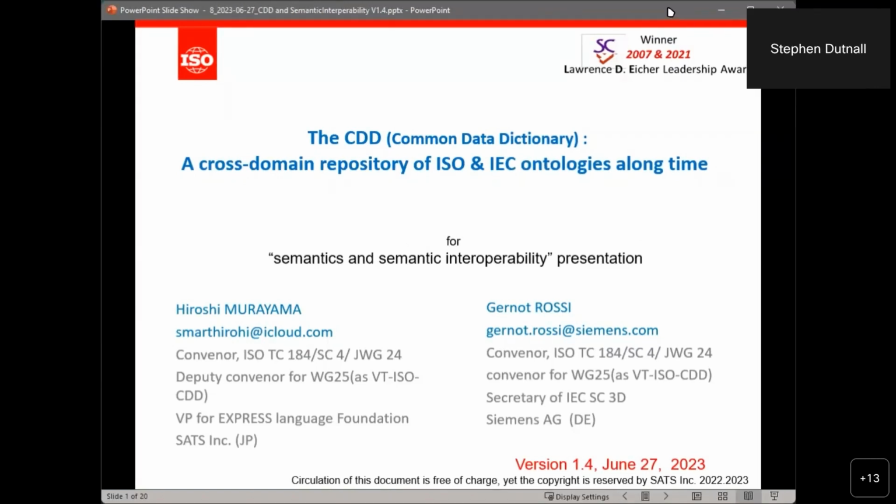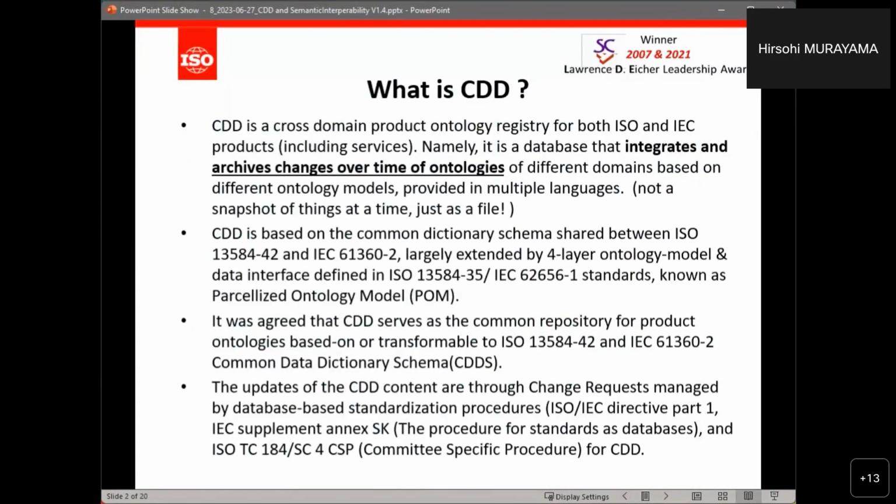Okay. This is the joint work between myself and Gavin Rossi, who represents the IEC side of the Common Data Dictionary. Common Data Dictionary here means almost a synonym of the ontology. Okay, next slide, please. What is CDD?